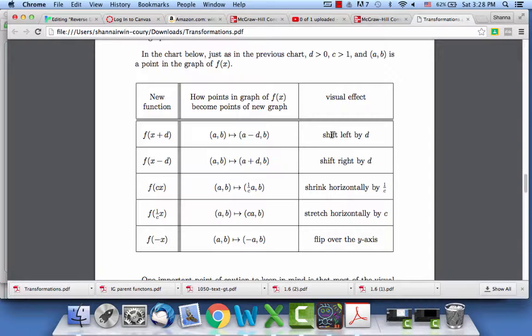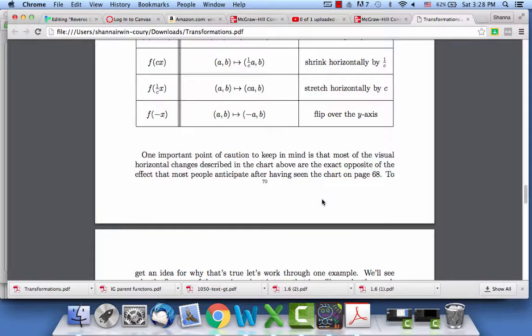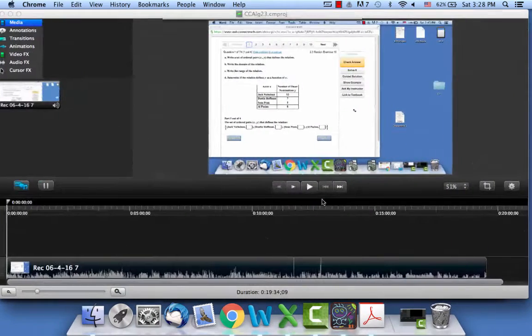It gets thinner. If you multiply by 1 over 9, you'd like it to get thinner, so it doesn't. It gets wider. Now, the reflection in this case, it's still a reflection if you do a negative. It's just that it's a horizontal reflection, so it's over the y-axis. Okay.